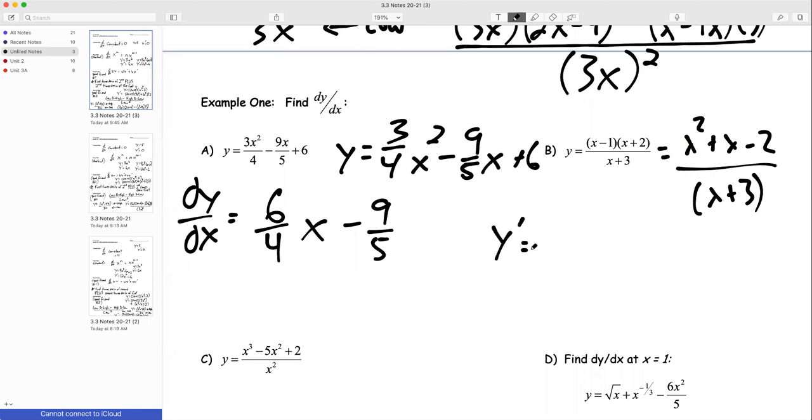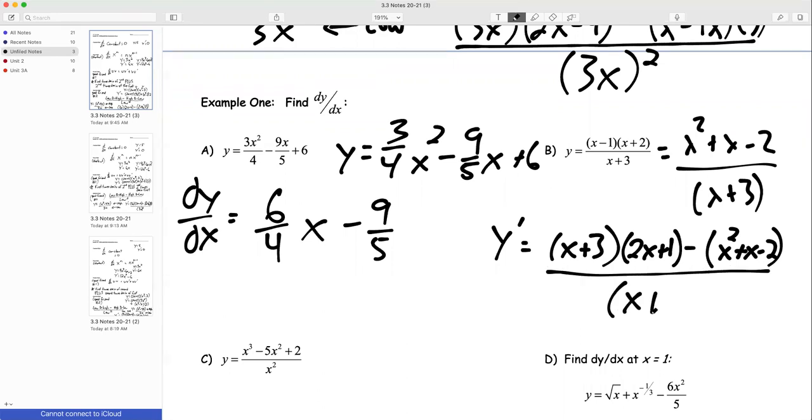So y prime is going to be low, D high is going to be 2x plus 1, minus high, x squared plus x minus 2, D low, derivative of the bottom here, derivative of x plus 3 is just 1, over low squared.